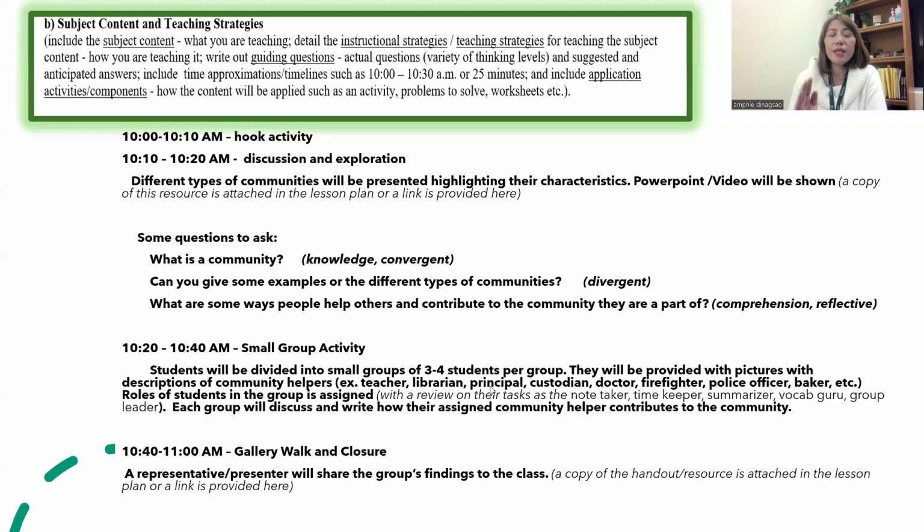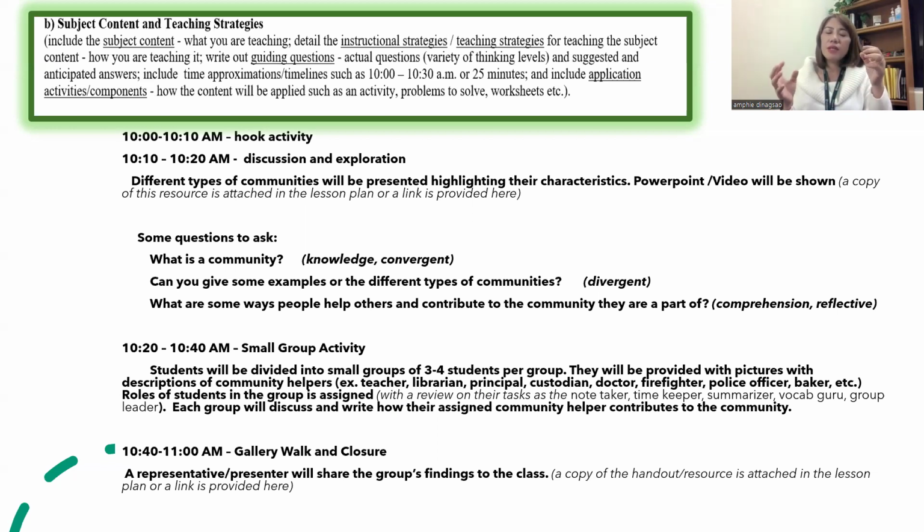Again, remember that the state standard is to recognize the people in their school, and then the classroom, and then I'm moving outside to the communities. So roles of students in the group are assigned, and during the processing I'm going to review their task as the note taker.